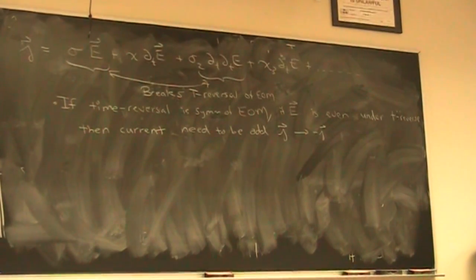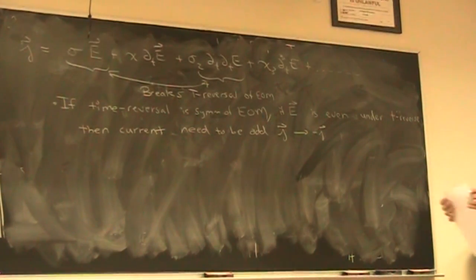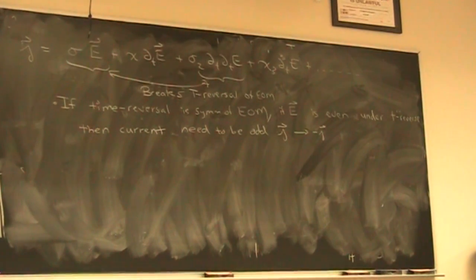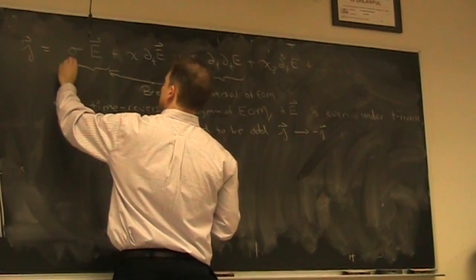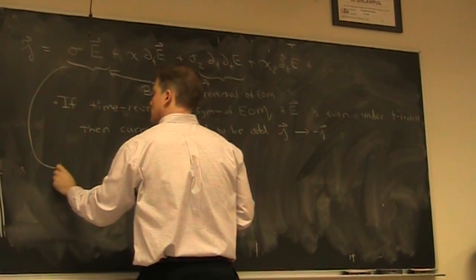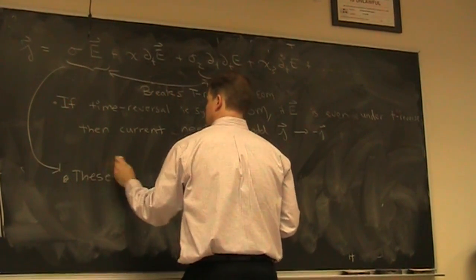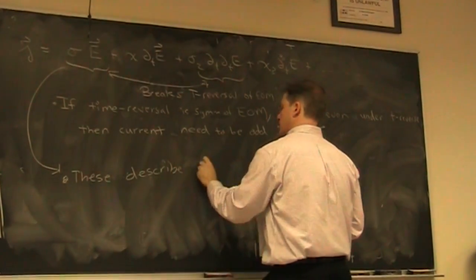We're talking about the first term, hopefully known as Ohm's law, right? That J is sigma E. And this Ohm's law does break the time reversal symmetry of the equation of motion. So as you would expect, these terms describe dissipative phenomena.